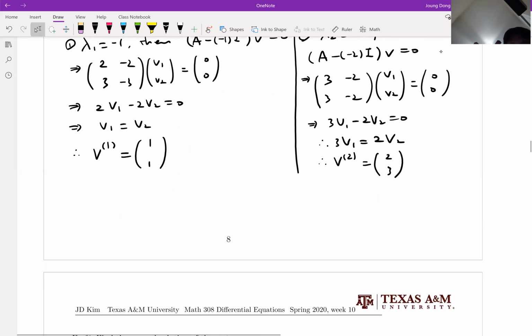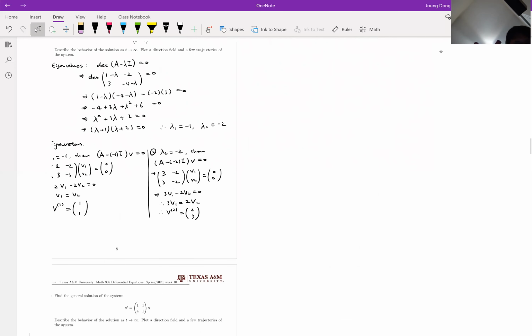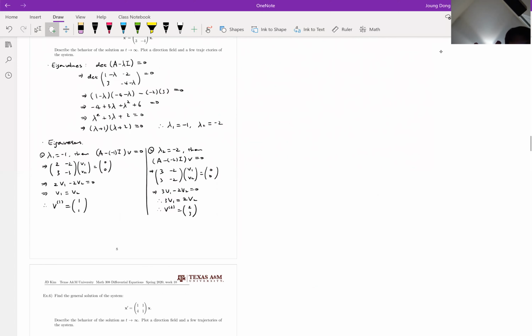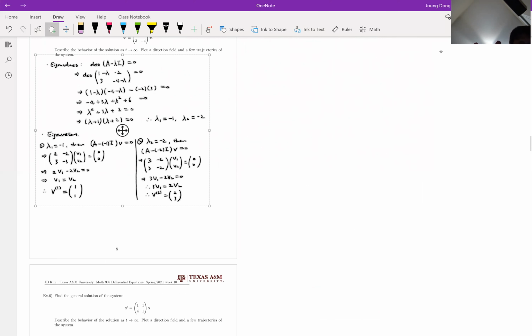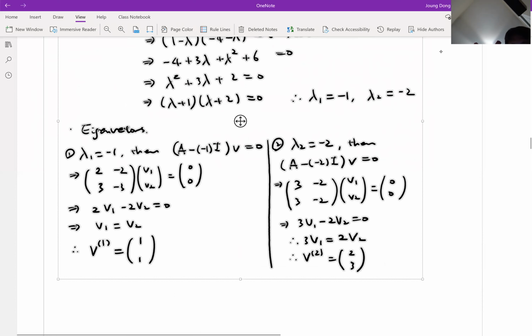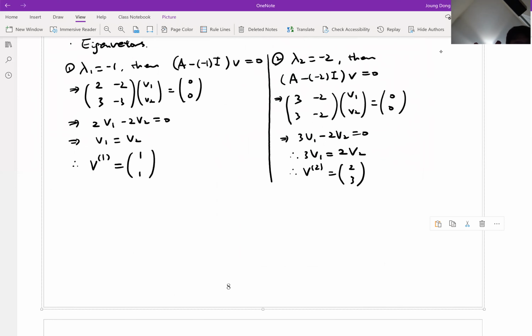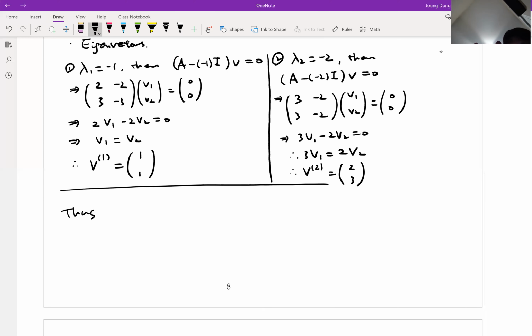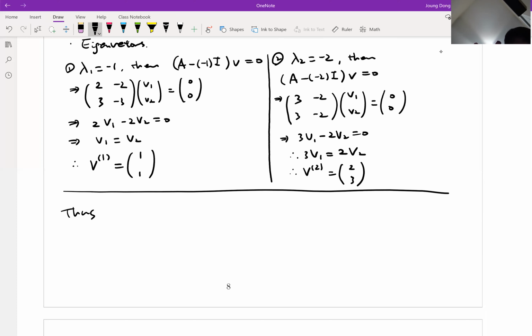Let me combine these two. We can combine them this way.